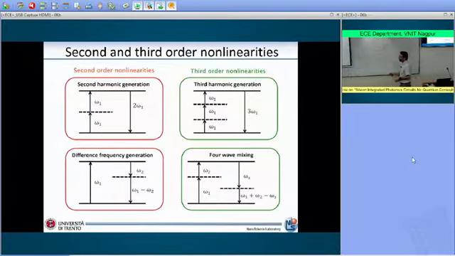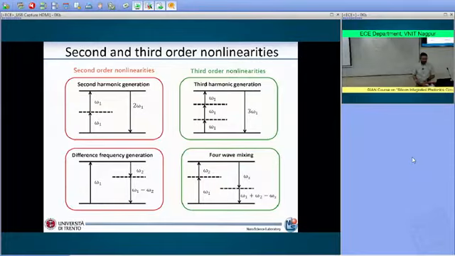For example, the equivalent of the second harmonic generation process is called third harmonic generation. Here, 3 pump photons sum up in order to give a photon characterized by an energy that is 3 times larger than the pump photon energy.